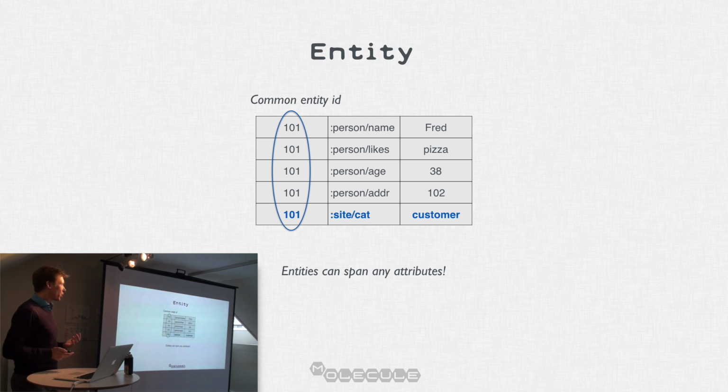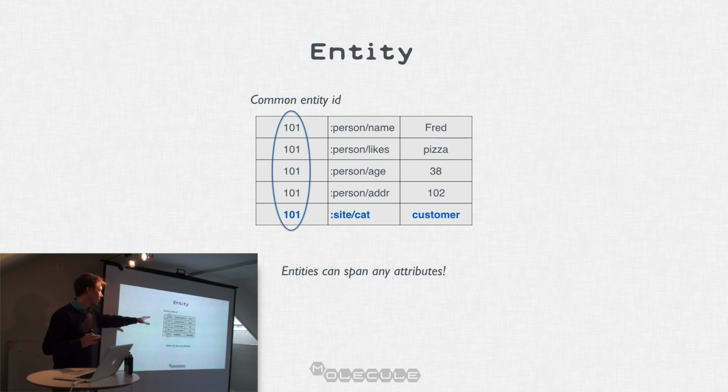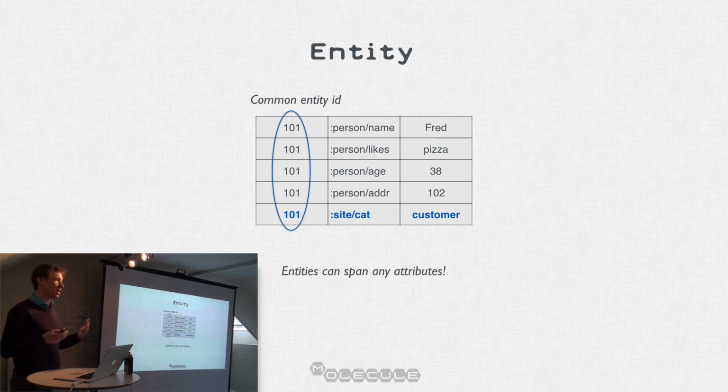So that means that you can also tie together an outsider, like an attribute which doesn't look like the rest. I mean, the first ones look like everything is person related, but you could add whatever attribute to that entity, which is just saying that it has the same entity ID.